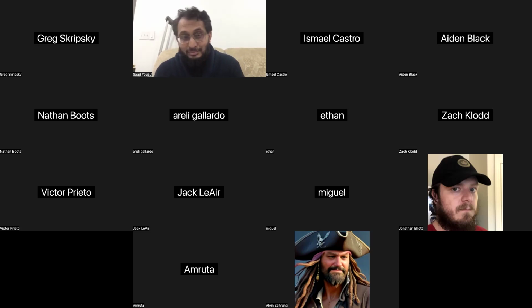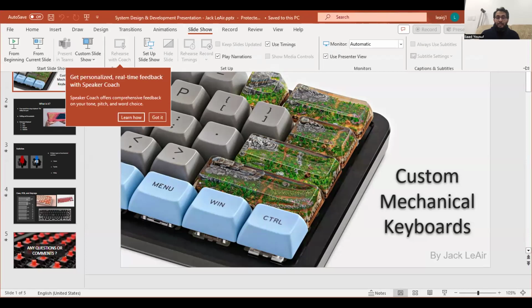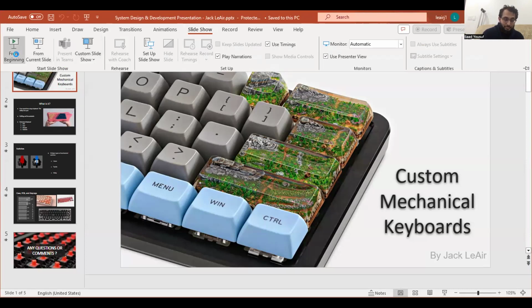Let me share my screen. You can click on enable. Yeah, got it. And then from the beginning.